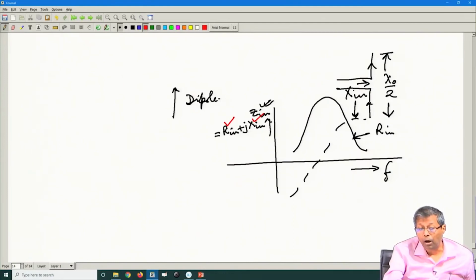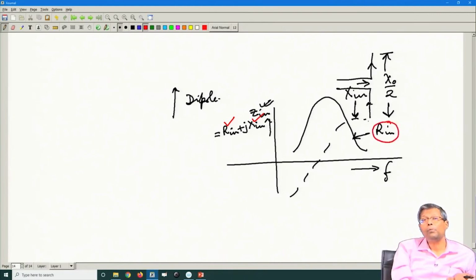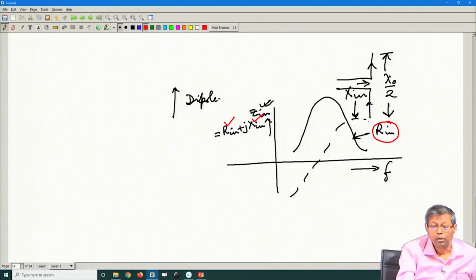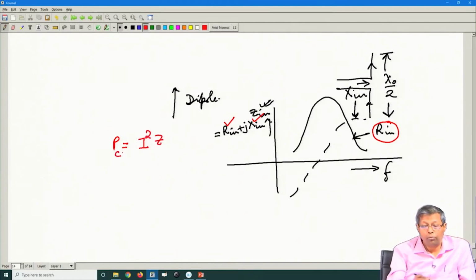The resistive part results in radiation, it corresponds to the real part of the radiated power. So, if I express power, that is equal to I square Z, this is the complex power, or mod I square Z.